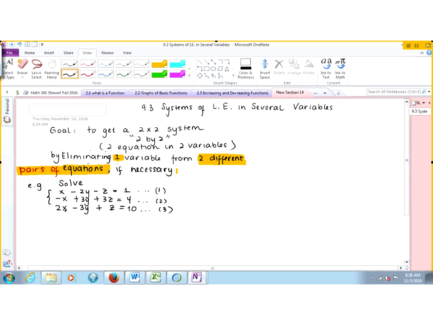Okay, so what would you do here? Let's look at the equations. Do you think you will eliminate x or y? I mean, x from which equation?